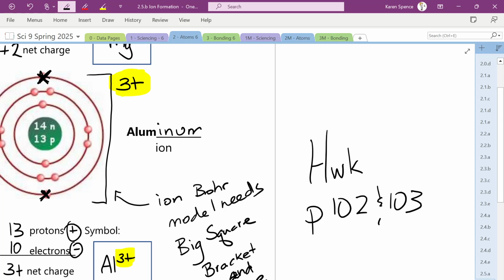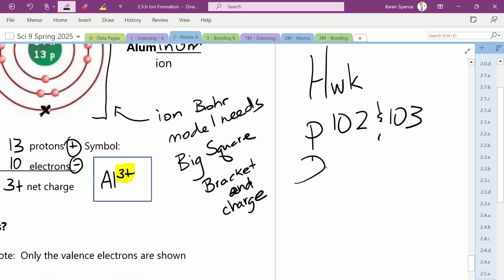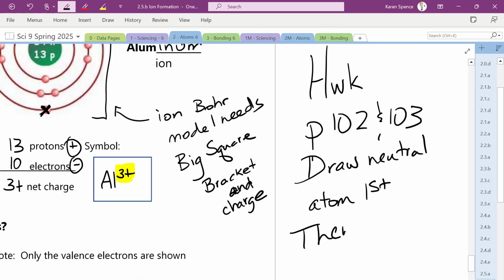Draw the neutral atom first, and then either add or take away electrons. Draw the neutral atom first. Then add or take away electrons. Okay? And if you find that's too easy, you can work on the reviews, totally fine.